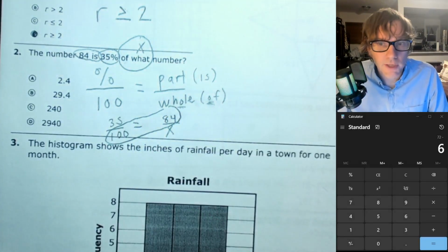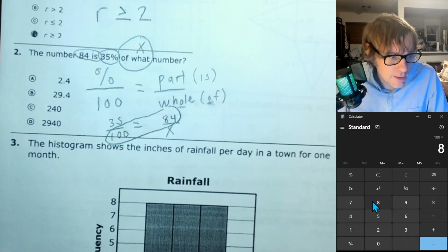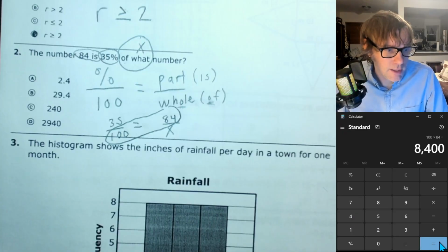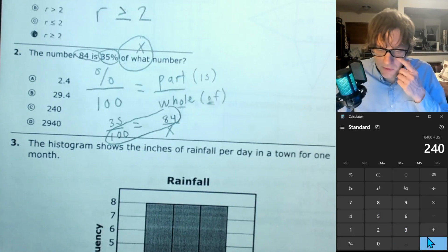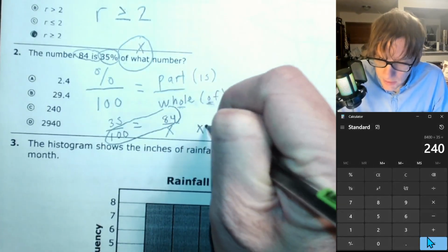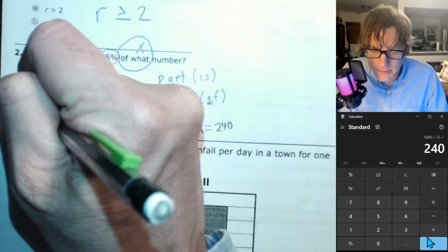So I'm going to jump over here on my calculator. All right, and I'm typing in 100 times 84. And I get 8,400, and then I go ahead and I hit divide 35. And my final answer is x equals 240. All right, so I can see the answer is C.